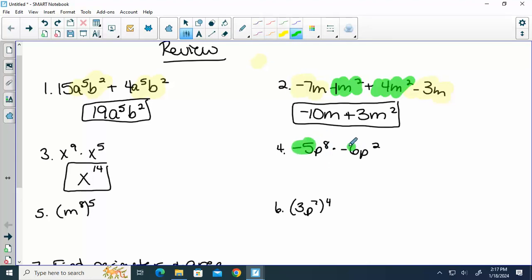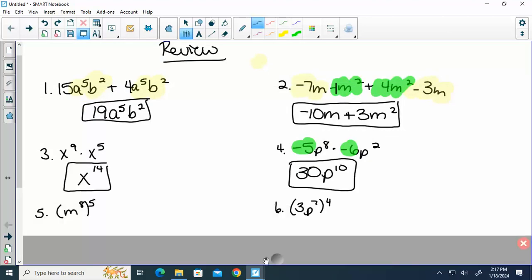So -5 times -6, positive 30. And then with the variables, we add the exponents. So we have 8 p's here and 2 p's there, so altogether 10. Right.